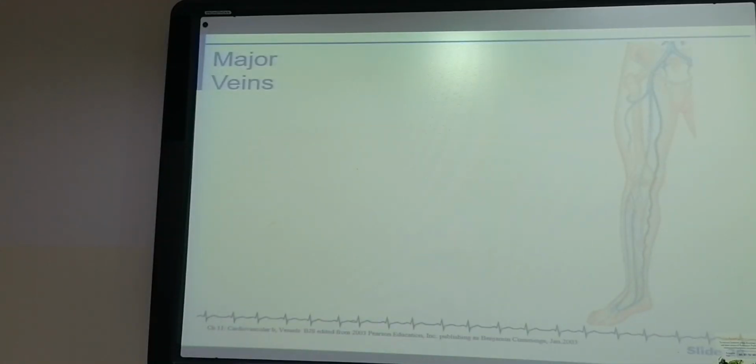About the major veins in the lower extremity.